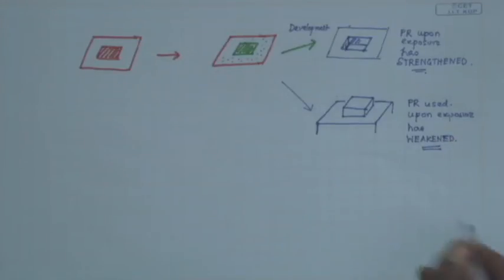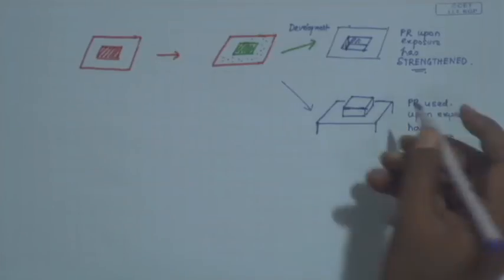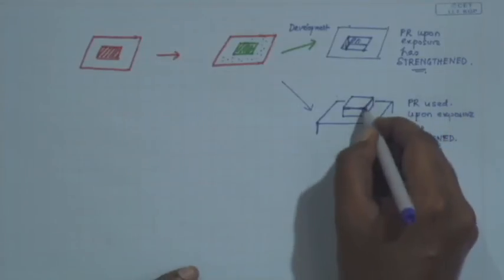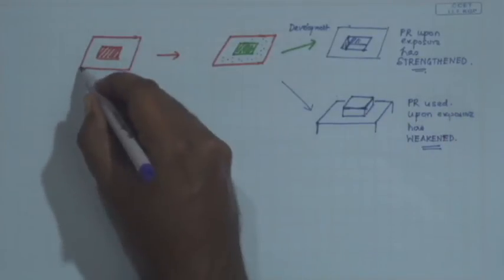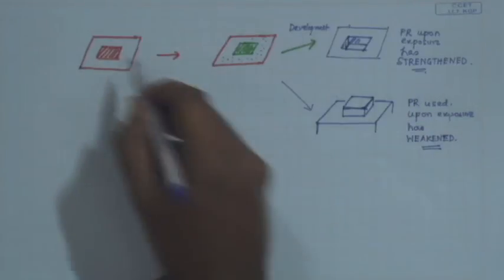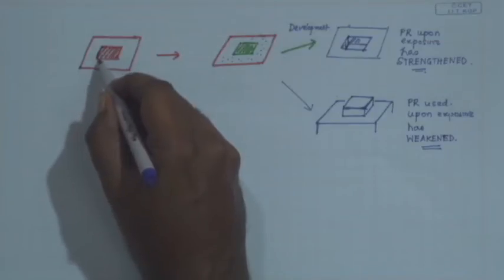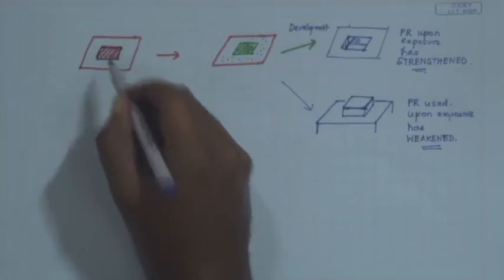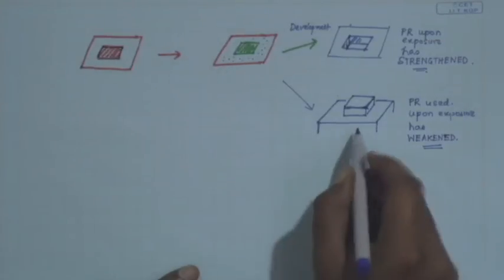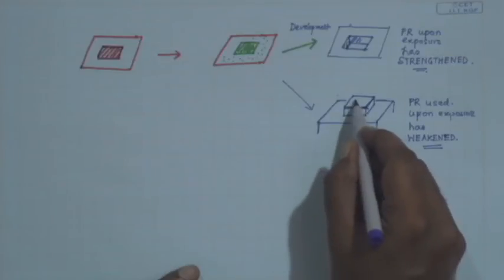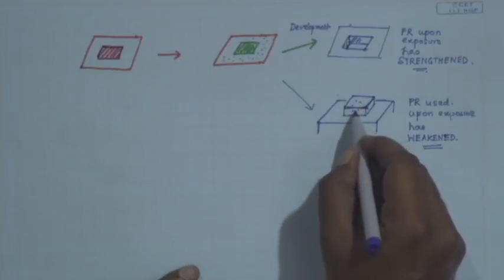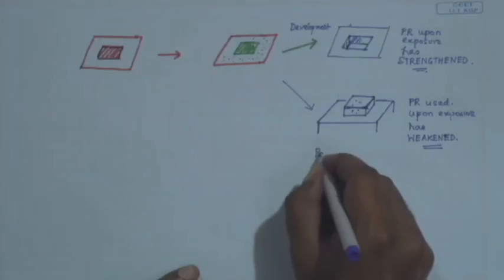Now, just compare the structures with the original pattern you had on the mask. You had a flat empty plate, in which you had this chromium patch only at the central location. If you look at this structure, the pattern in the photoresist layer, this is very important.